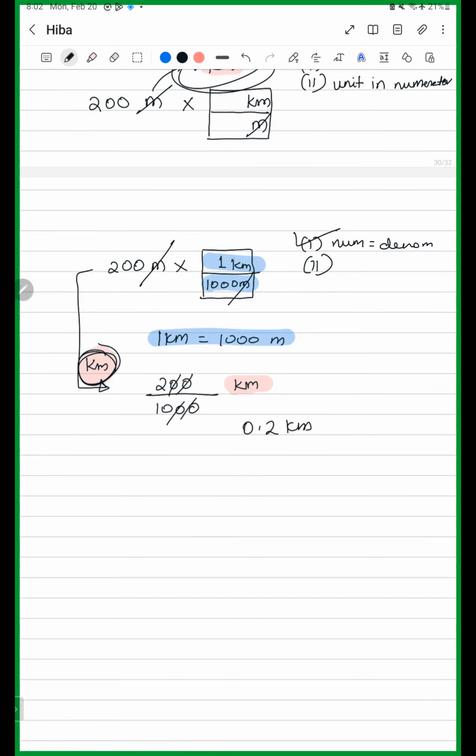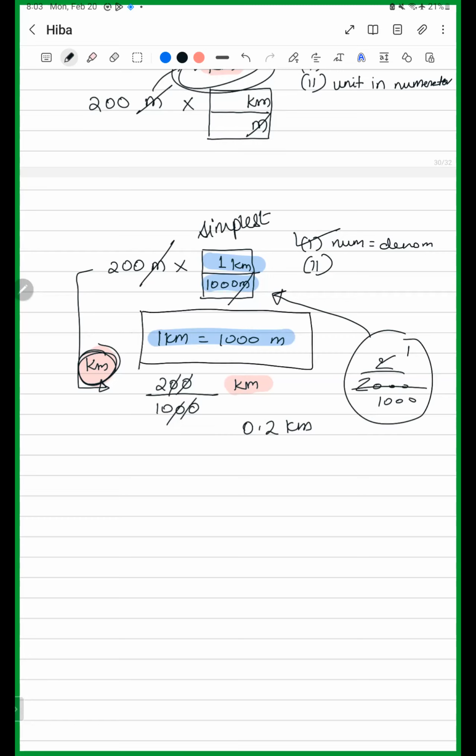But 2 by 2000 is again equal to 1 by 1000. After cancelling, you get this only. So we will take the simplest thing. It's more convenient to do with 1 kilometer divided by 1000. That's the basic relation between kilometer and meter, so we have taken the basic relation.